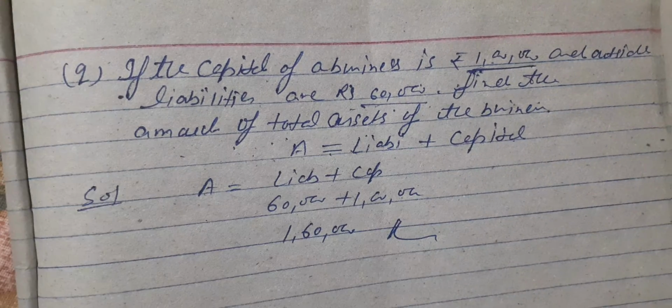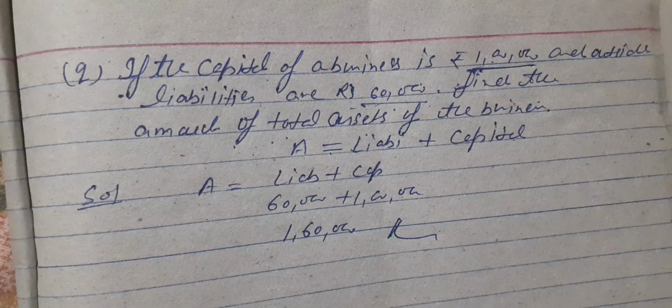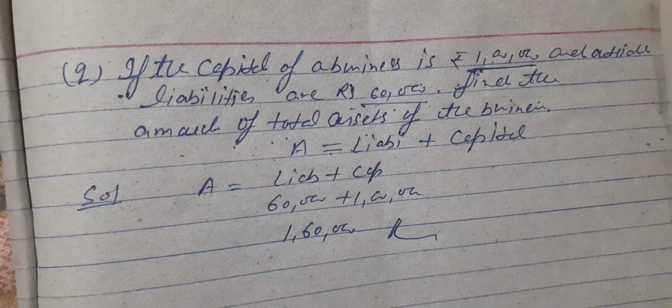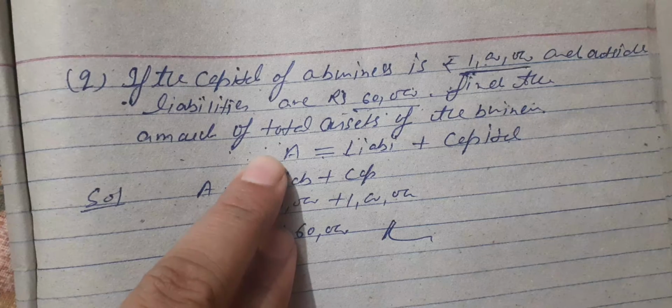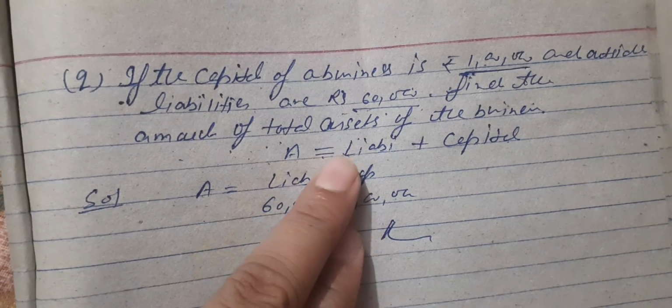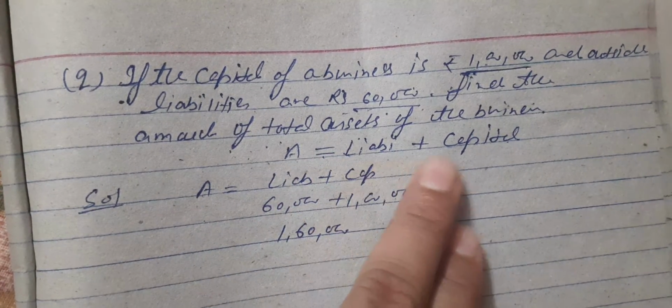Okay. So children, in this question the capital investment in the business is rupees 1 lakh and the liabilities due on the firm are rupees 60,000. Find the amount of assets in the business. We will find the total assets with the help of the equation: assets equal liabilities plus capital.